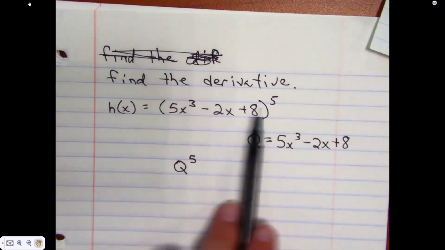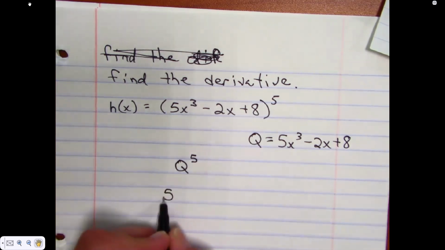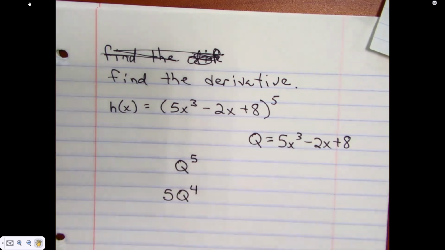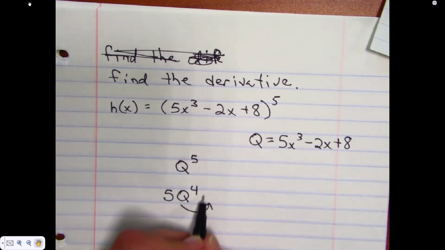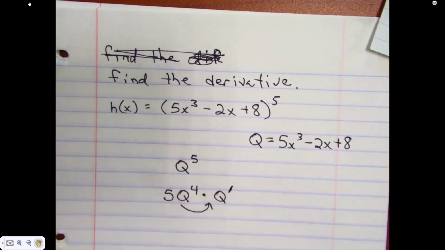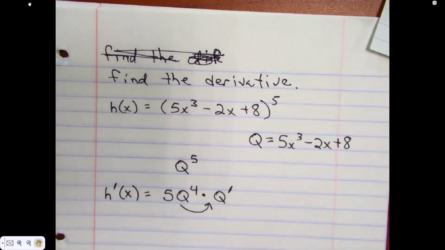Do we see how everything inside here becomes the Q, and now we really just have Q to the 5th. So we're going to perform the derivative on that guy. 5q to the 4th. But as soon as we have a quantity, what do we have to do? Take it times the derivative of the quantity. We can even say this is already the derivative of h. It just has the wrong letters in it, but we'll fix that, right?